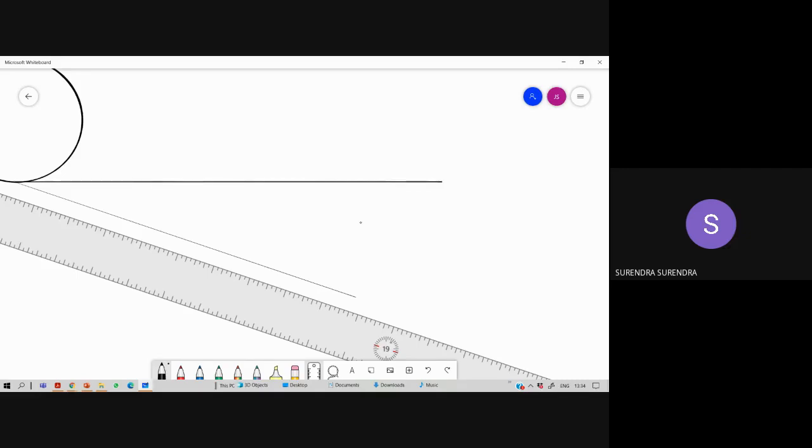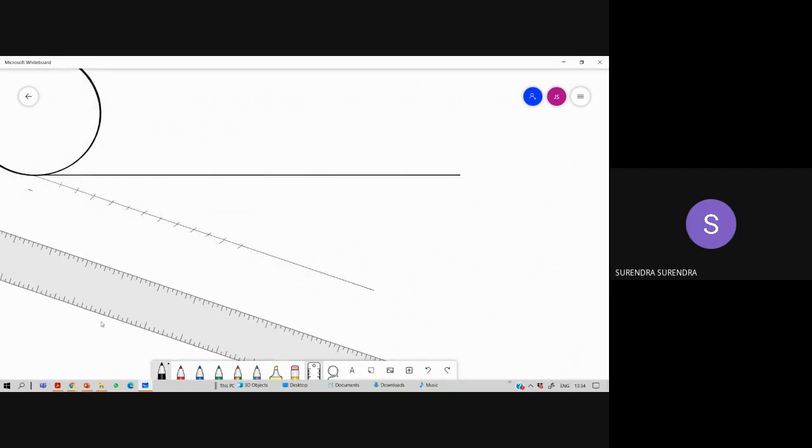So mark points at every 1 centimeter. 1, 2, 3, 4, 5, 6, 7, 8, 9, 10, 11, and 12. So let this point be P.